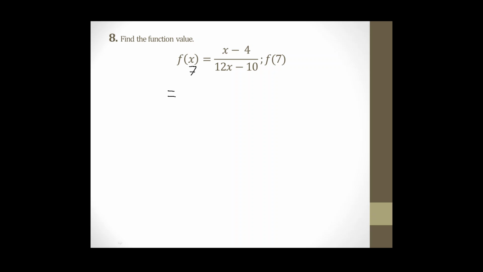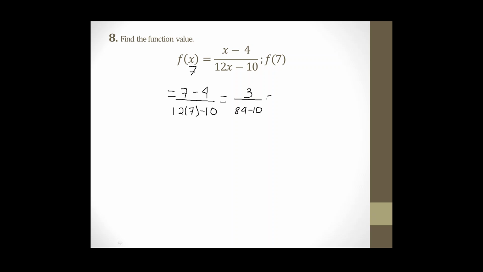So then I'll have 7 minus 4 over 12 times 7 minus 10, leaving me with 7 minus 4 is 3. 12 times 7 is 84, minus 10.